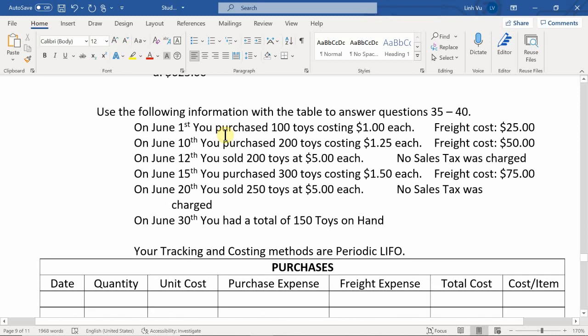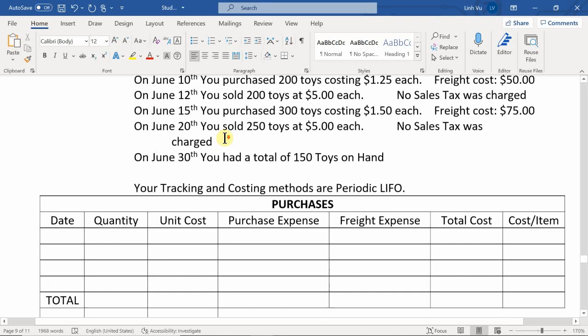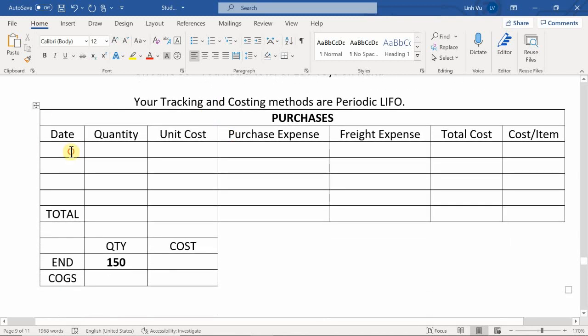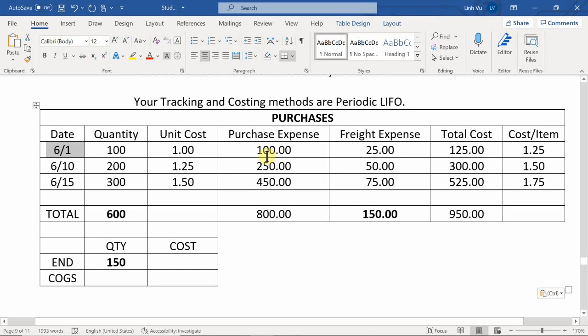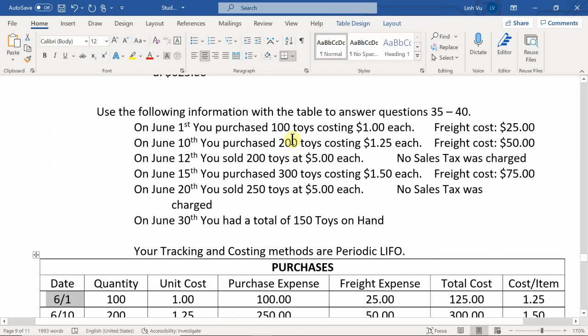So the next one we have here is going to be the same exact scenario, except the only difference is your tracking and costing method is periodic LIFO. So let's go ahead and practice that once again. I'm going to copy and paste the cells from the previous one because it's the same exact scenario.